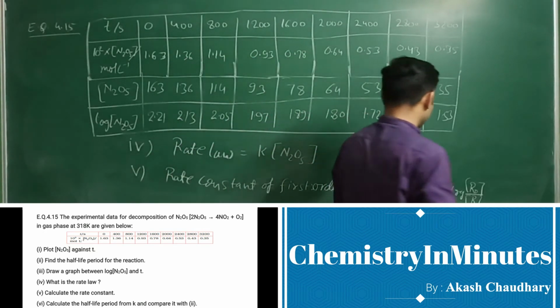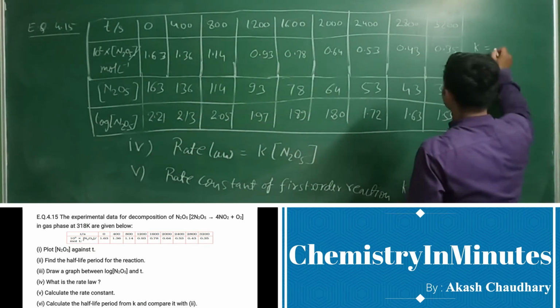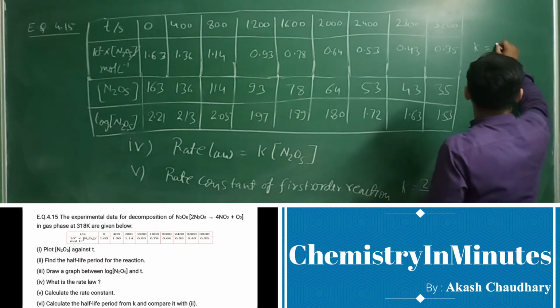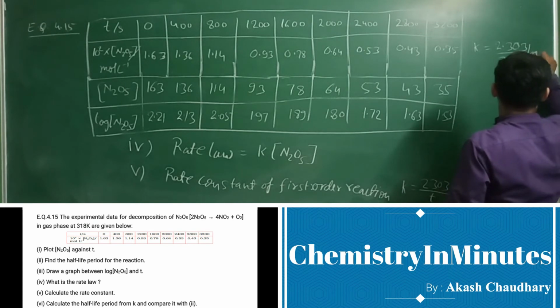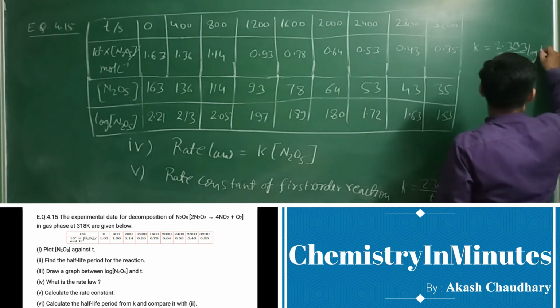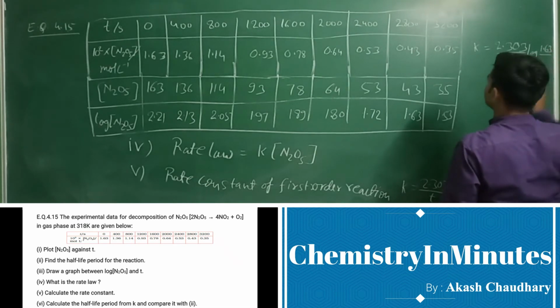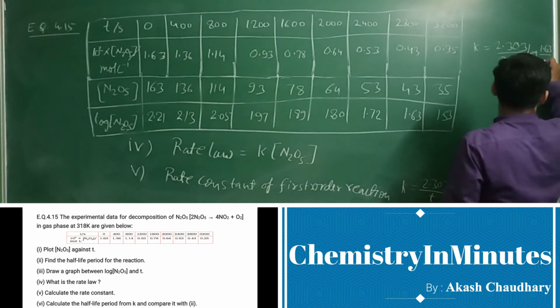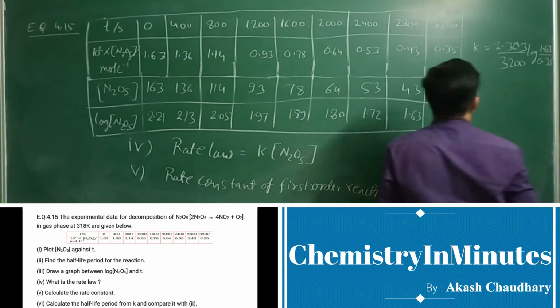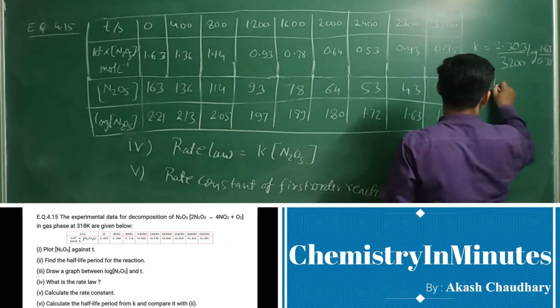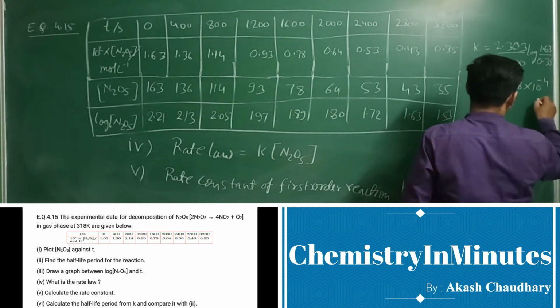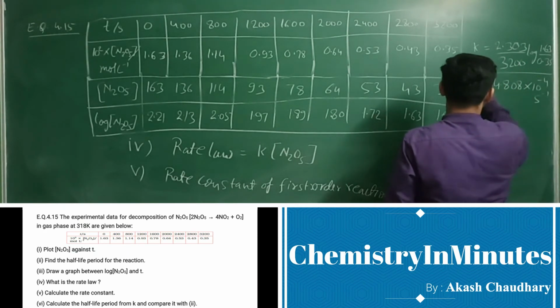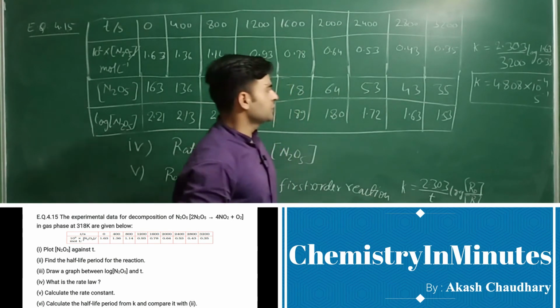So if we put the values in this, we will get K equal to 2.303 upon 3200 log of initial concentration 1.63 divided by 0.35. On solving this, the value of K will come as 4.808 into 10 raised to the power minus 4 second inverse. So this will be the rate constant of the reaction.